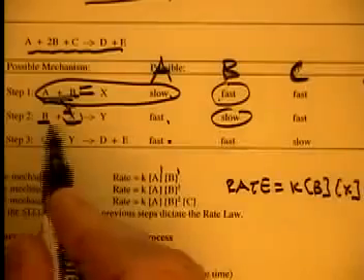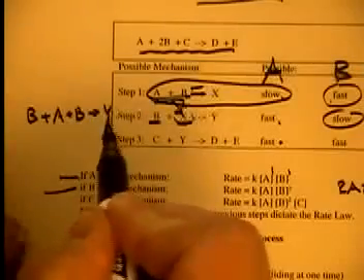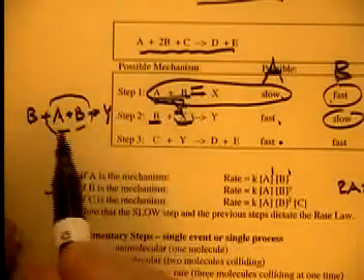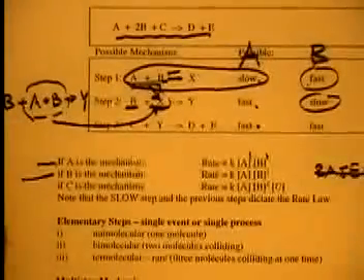So now your equation would technically be B plus A plus B goes to Y. Notice how I took this A and B and put it in here in place of X. Now my rate expression can match the stoichiometry.